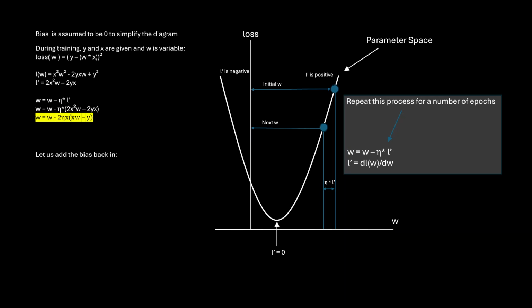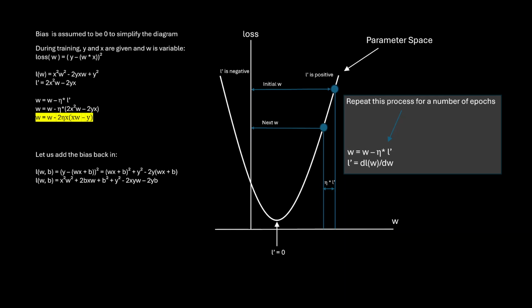Now, let's add the bias back in, just using the math instead of using also a three-dimensional diagram. So again, if you remember, I mentioned this concept which we are using for two-dimensional space to explain the gradient descent is applicable to multiple dimensions.